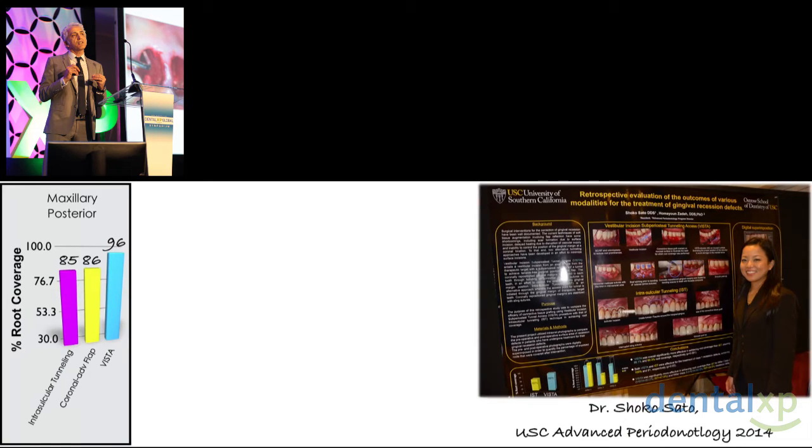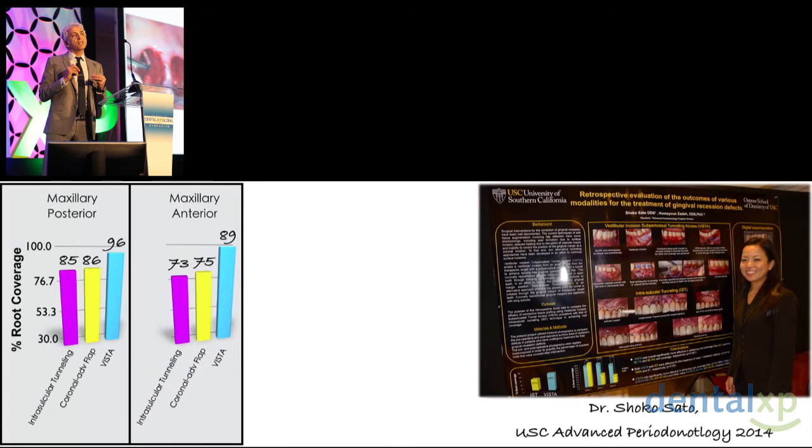So when we look at different regions of the mouth, maxillary posterior, 96% Vista, compared to 80s with the other technique. Maxillary anterior, 89% with Vista, compared to 70s with other technique. This is an area very important for aesthetics, and you can see that the other techniques are falling significantly short.